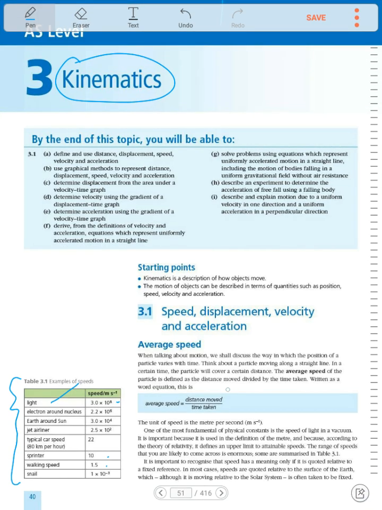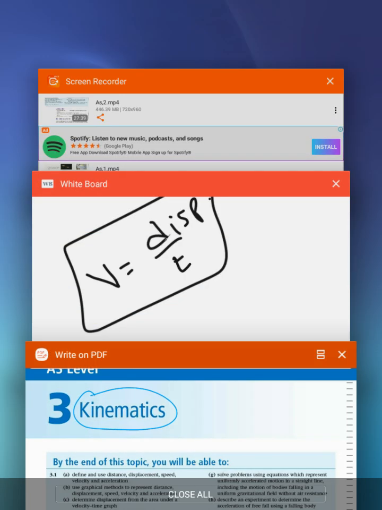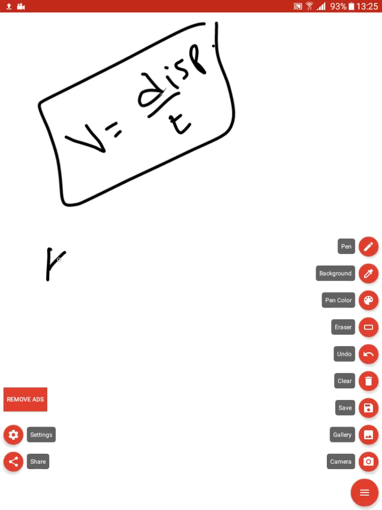Now, the average speed is the distance moved over time taken, and its unit is meter per second, or kilometer per hour. How do we change the unit from kilometer per hour to meters per second?